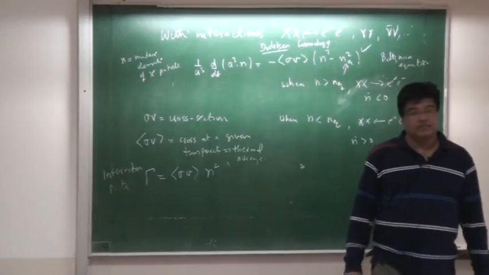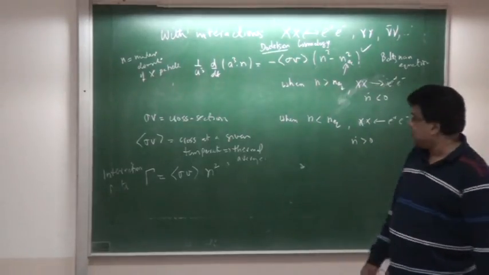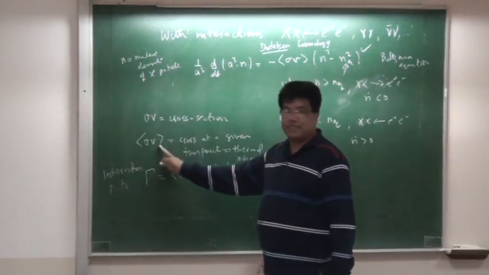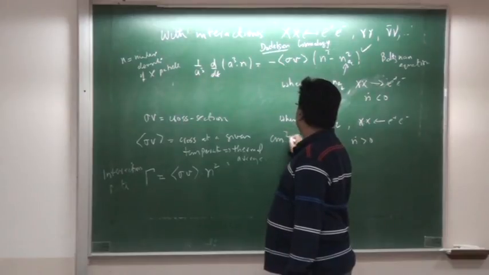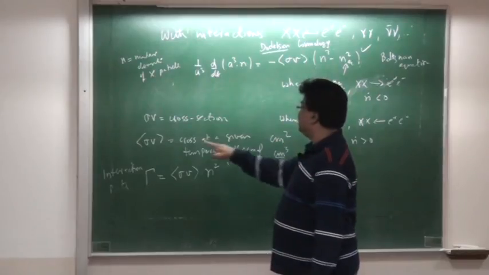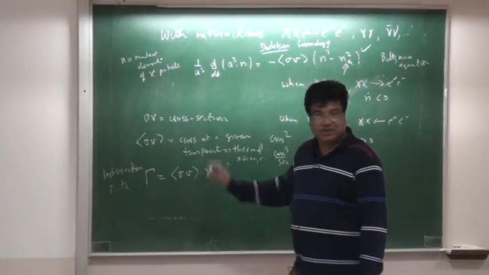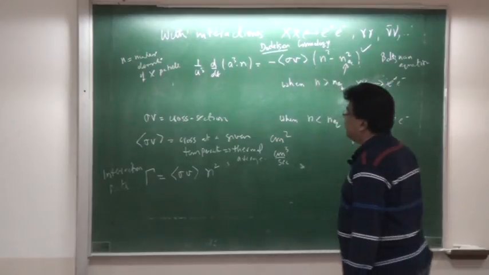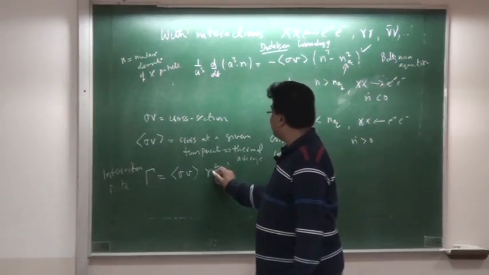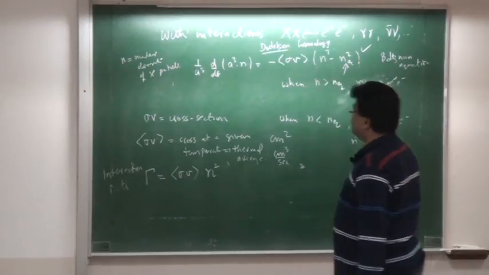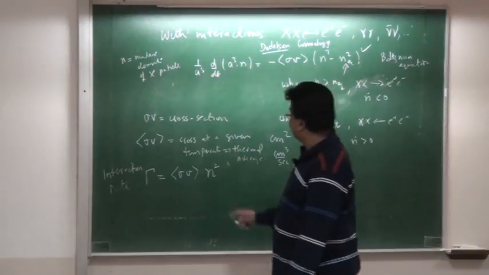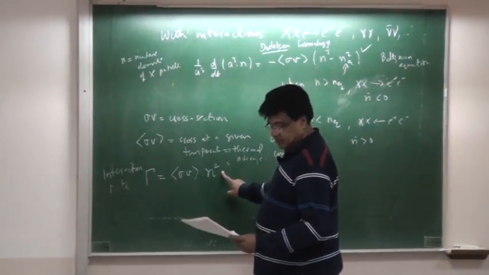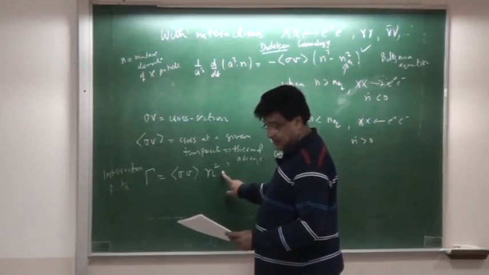If you work out the units, sigma V is area, written as cm square or cm cube per second. Either of them is the area, sigma V. And if you multiply by the number density, what would be the units of this? Per second.